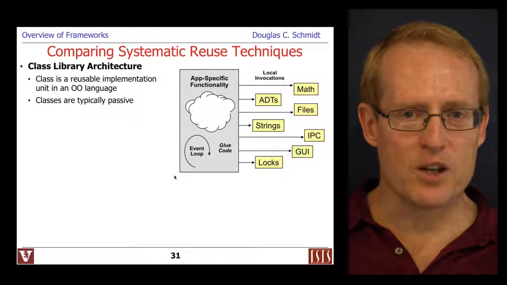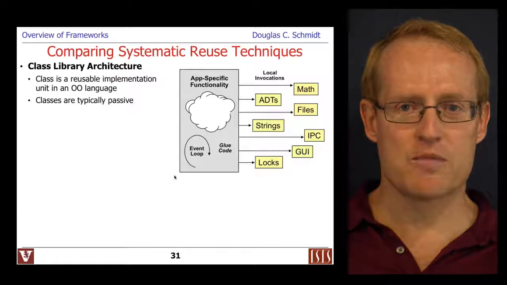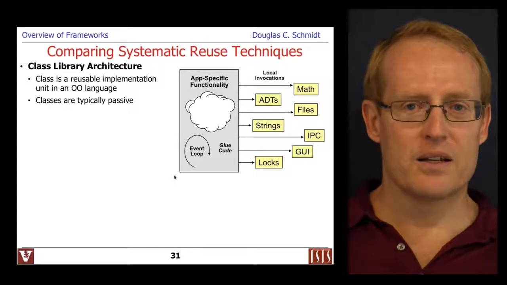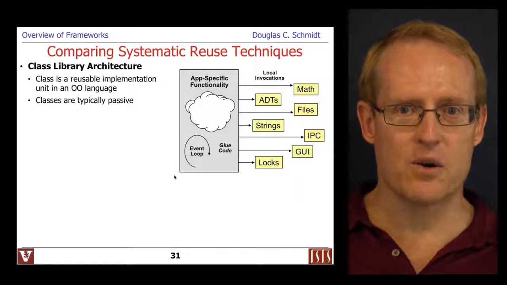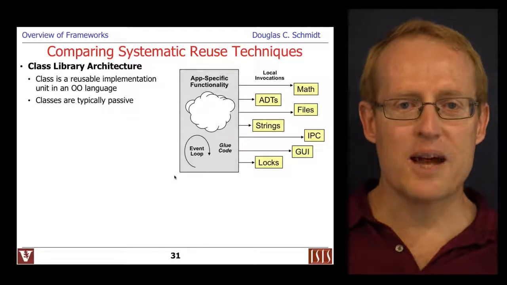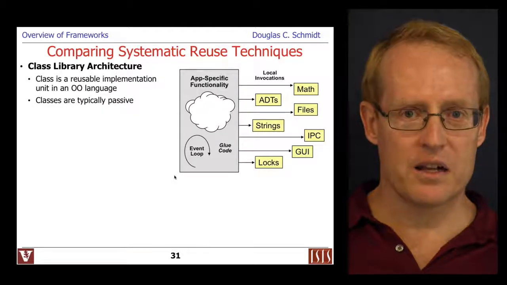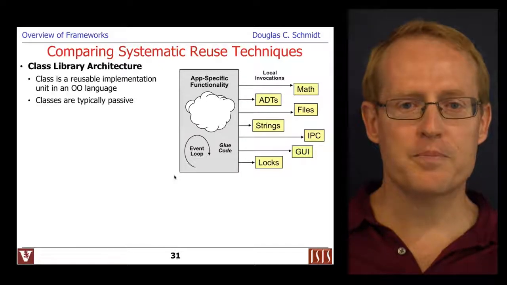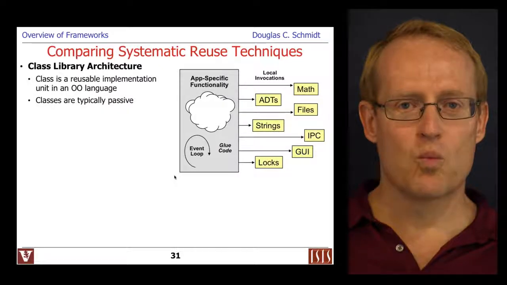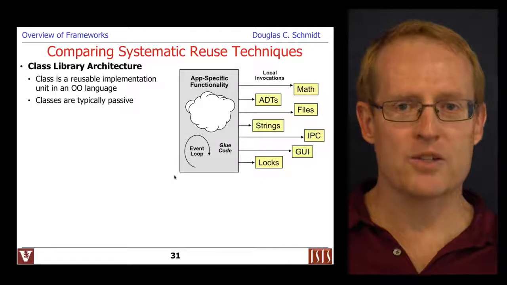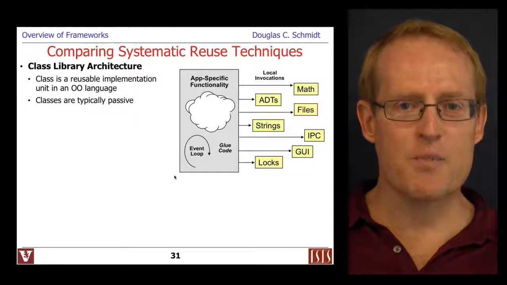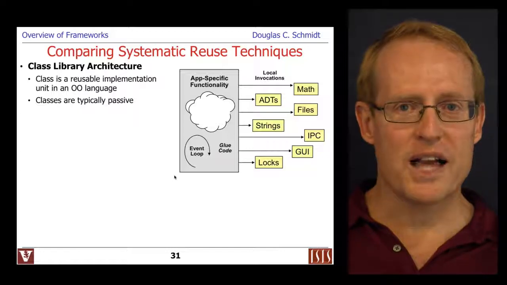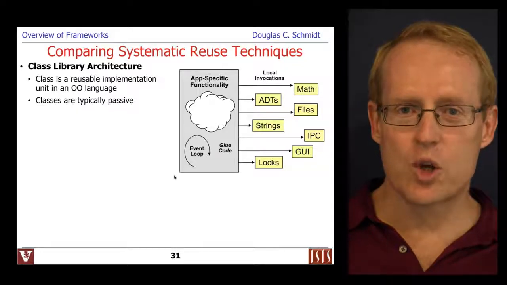Of course, there's always been a long tradition of reuse of mathematical functions, inter-process communication, graphical user interface classes, and so on. And a class library is basically a collection of these classes that can be reused when you build new applications. Some of the characteristics of class libraries, however, are that the classes are often fairly domain independent.